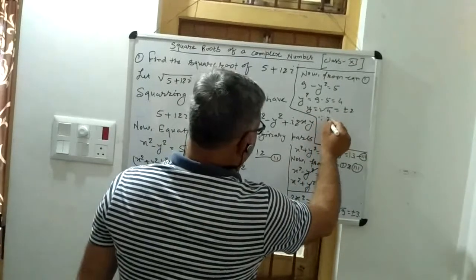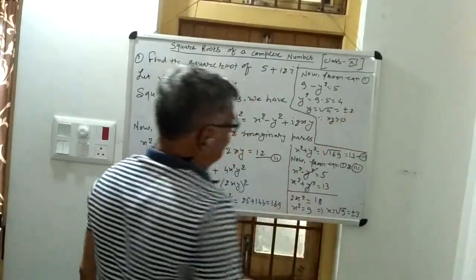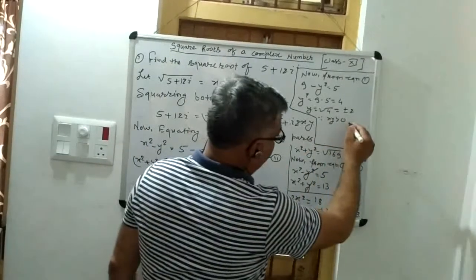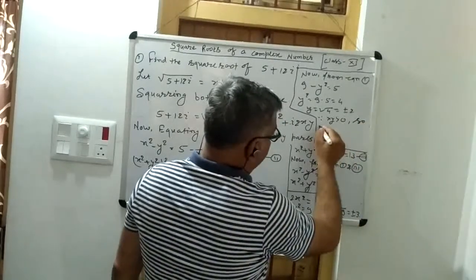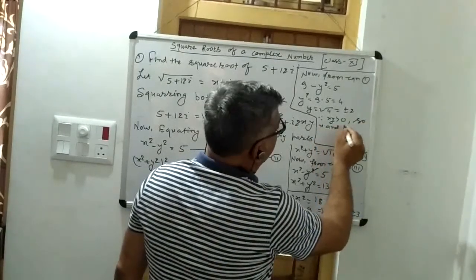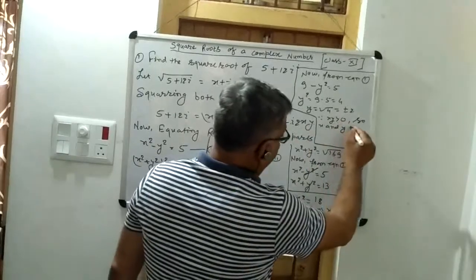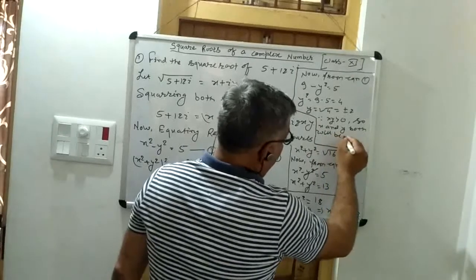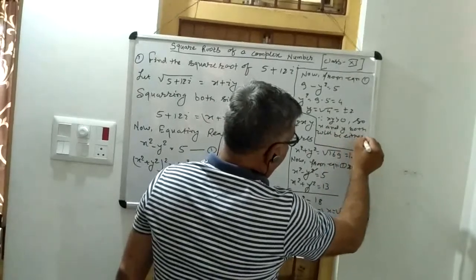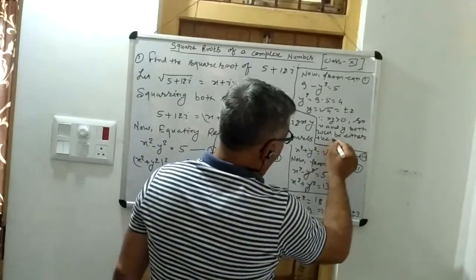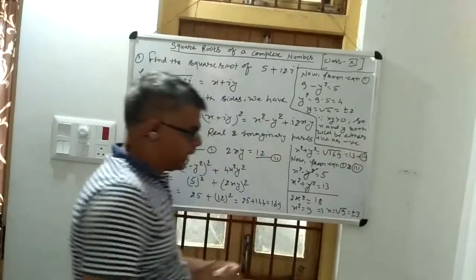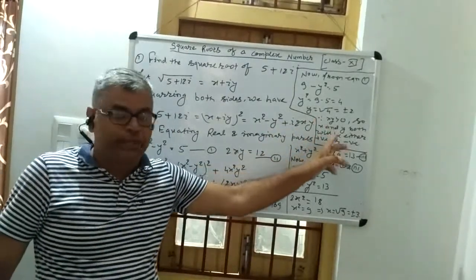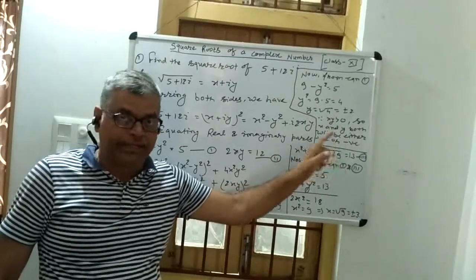Now since the product xy is greater than 0, x and y both will be either positive or negative at a time.